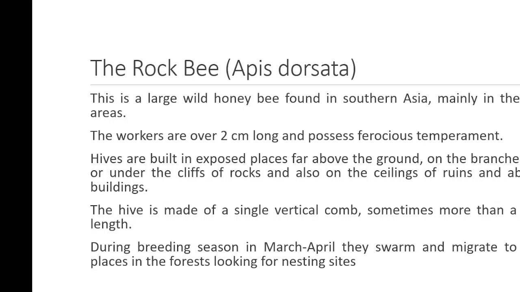Their breeding season is March, April. During that time they will be swarming, and they will be migrating to different places in the forest looking for a new nesting site. Swarming means they will be moving out of the nest. That process takes place during the March-April season.